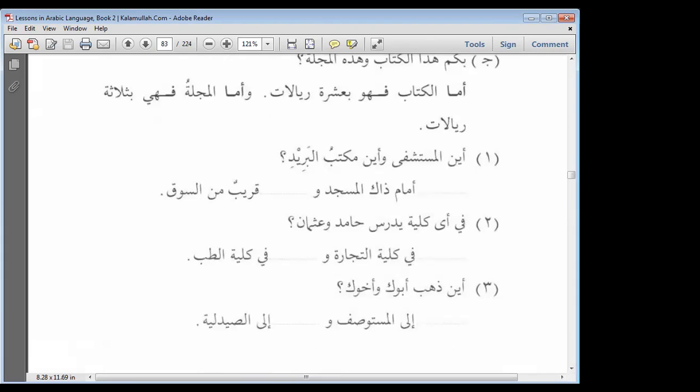Let's look at the first question here. أين المستشفى وأين مكتب البريد؟ Anybody knows مكتب البريد؟ A hint in this case, maktabu means office.